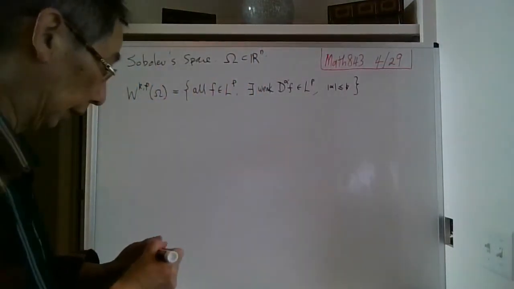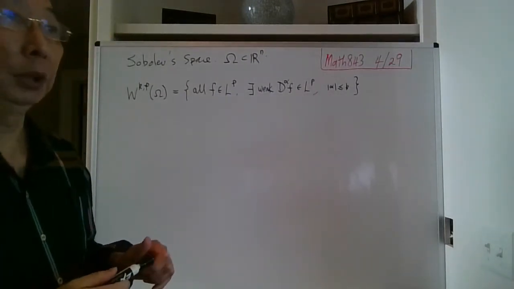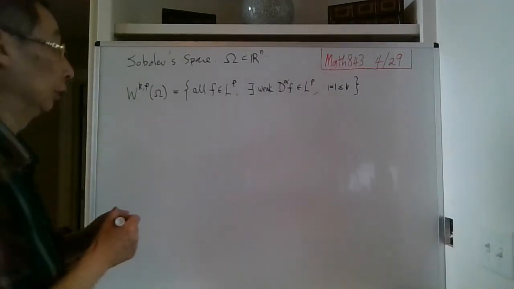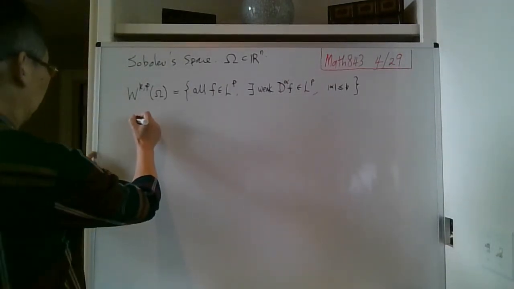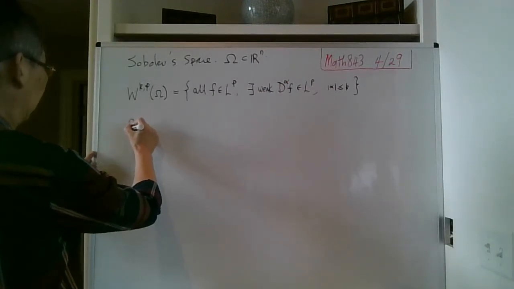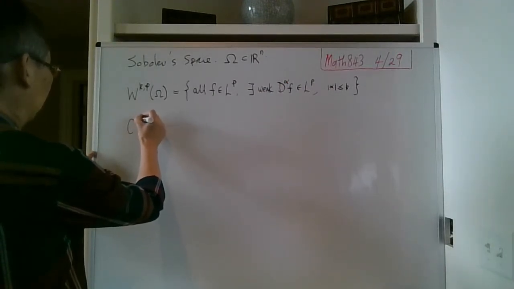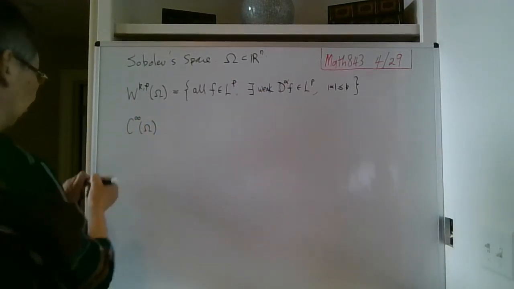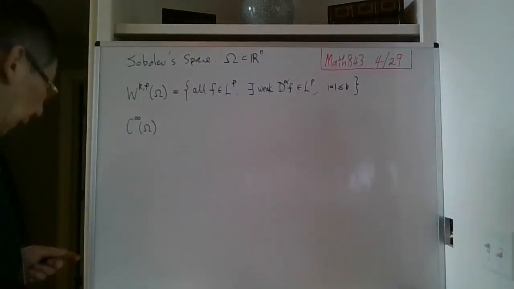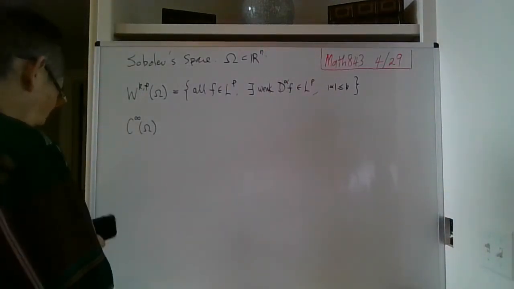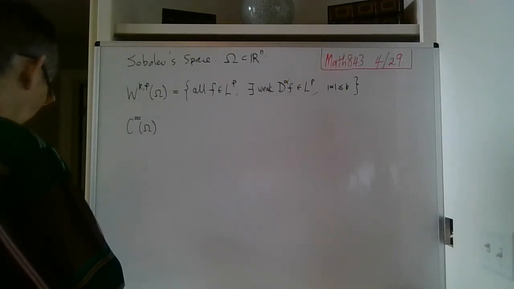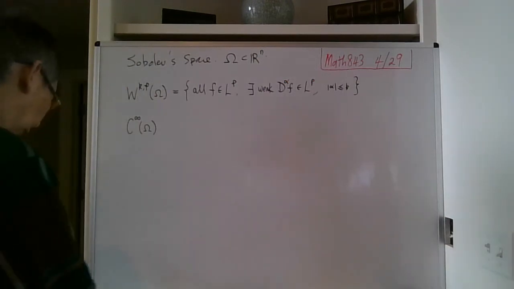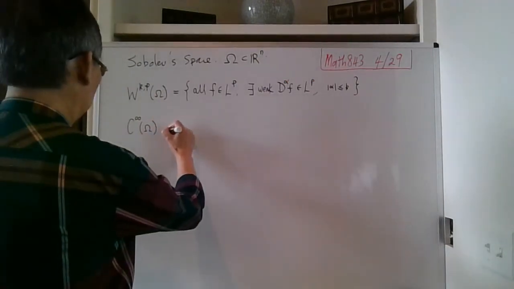And we also know that there's an approximation result, which we mentioned before, even though we couldn't give a proof. So the approximation result is saying that if you take C infinity of omega, which is a space of very smooth functions, right? Then you make an intersection with the W^{k,p}.